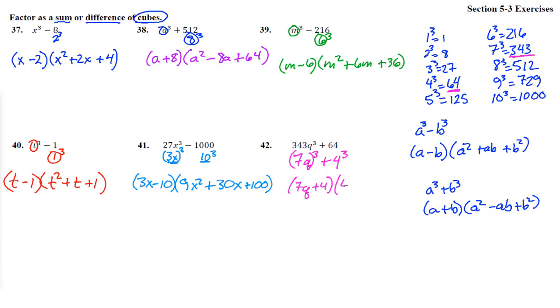Then we've got 49q squared. Do you see how we squared all of a? And when you take that times that, 7 times 7 squared is 7 cubed, which is 343. 7 times 49 is 343, and q cubed. Then we've got a plus 4 squared, which is 16 over here. And we've got a minus this times this, which is 28q. Excellent.